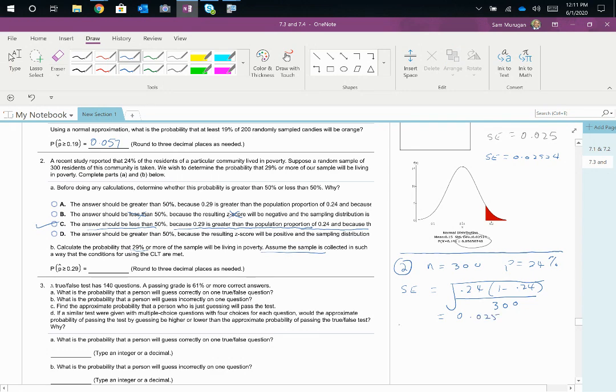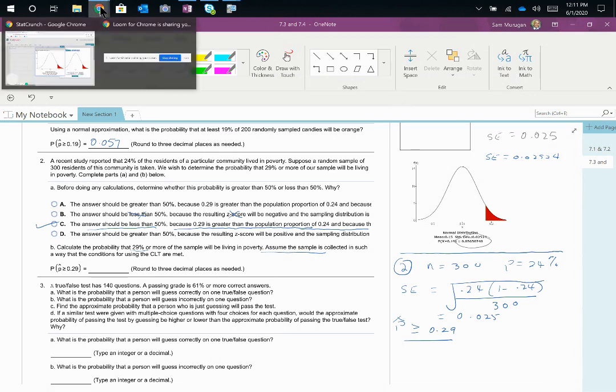All right, now I want the probability for p hat greater than or equal to 0.29. So now I know my mean is 0.24, my standard deviation is 0.025, and this is where I would use the StatCrunch program.